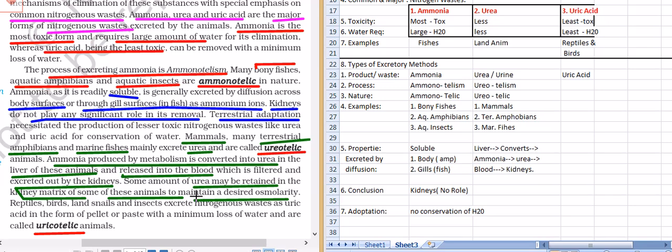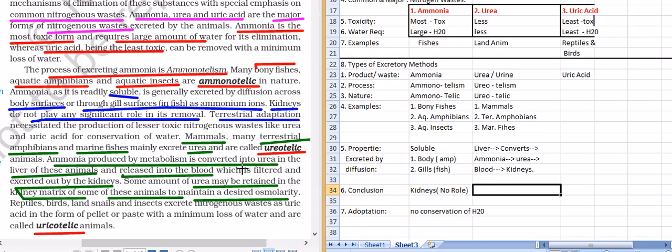If everything is removed, it's not easy to flush it off. So some amount of urea should be there. Otherwise, while going out, it will come back into the center part of the kidney rather than flushing out through the tubules. So that's why it should have some amount of urea in the body. So that is what you have to write.